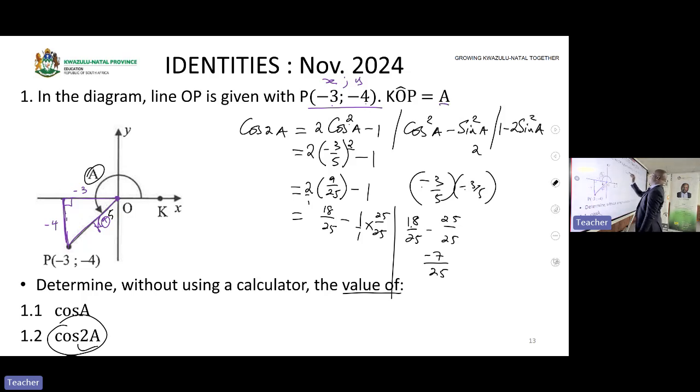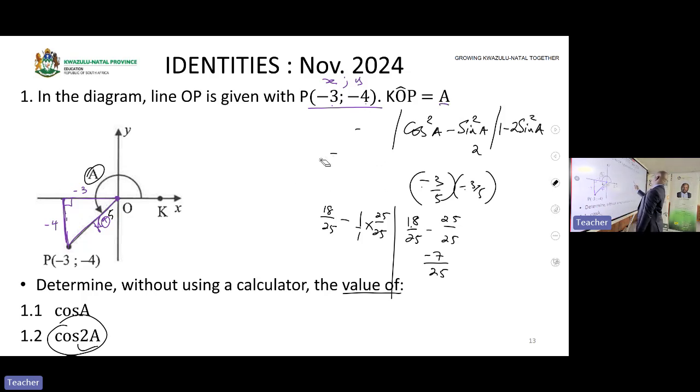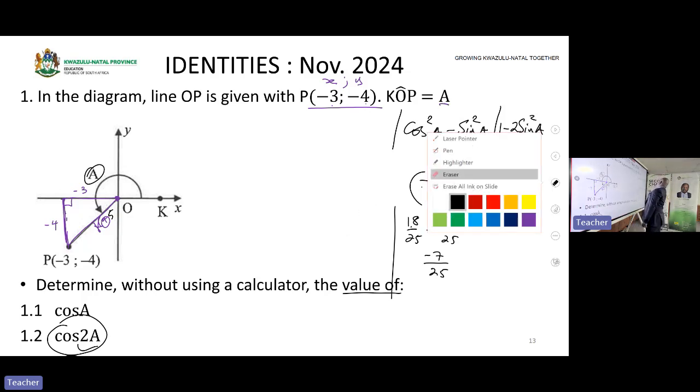So let us see if we take the other identity, the one with sine. Please take note of what we are doing, because I don't want to move from here so that we can see all the questions as I'm doing them. That is the reason I'm writing and erasing. So please follow what we are doing.